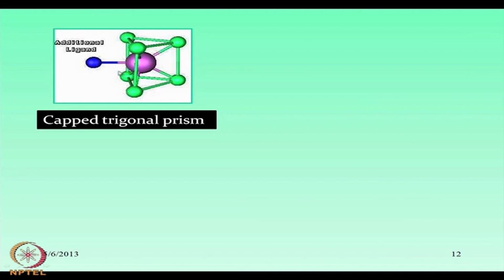So we are capping this particular square plane, this particular face of the trigonal prism, by this extra donor atom, and we are capping from this side, so it will be known as a capped trigonal prism capping from the tetragonal face.